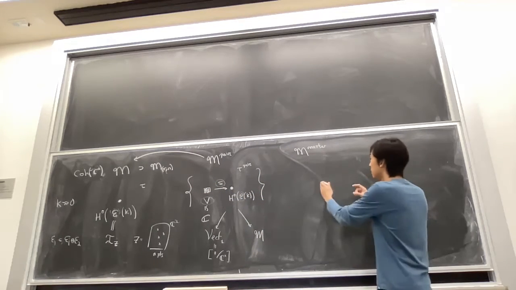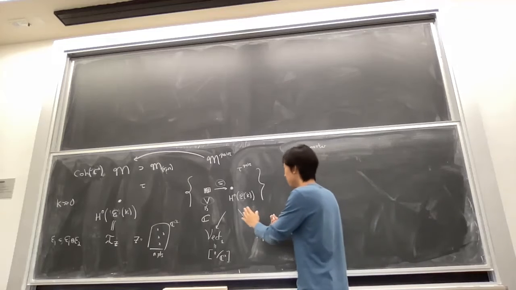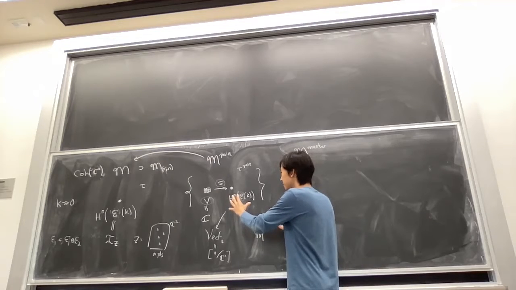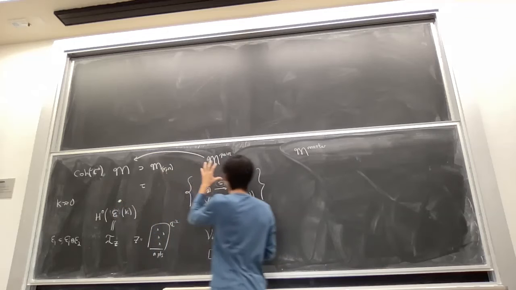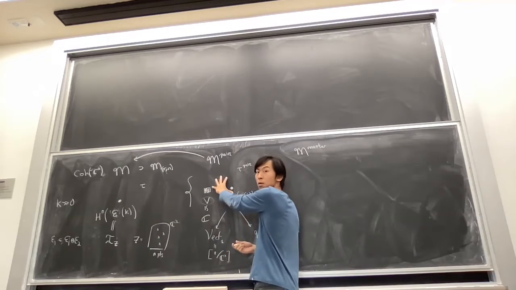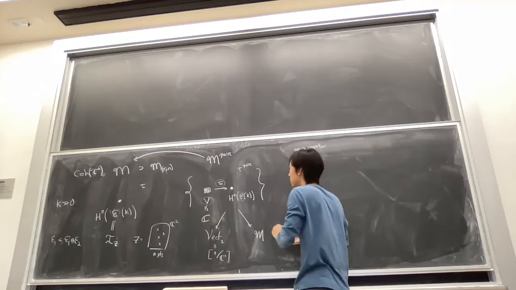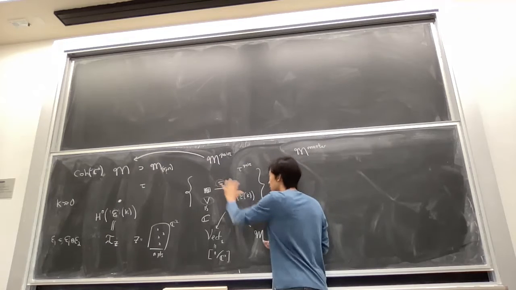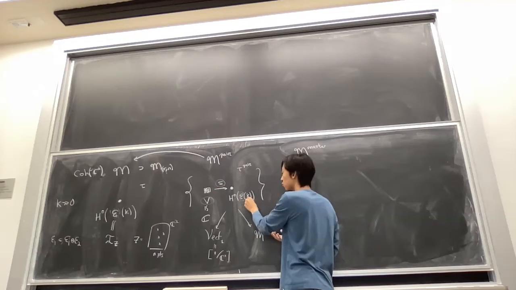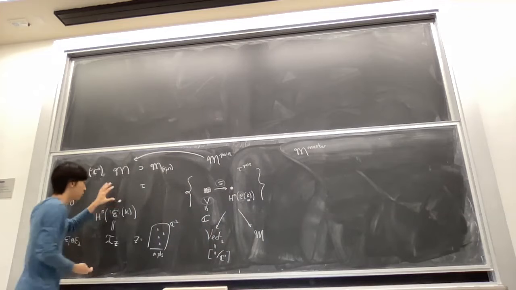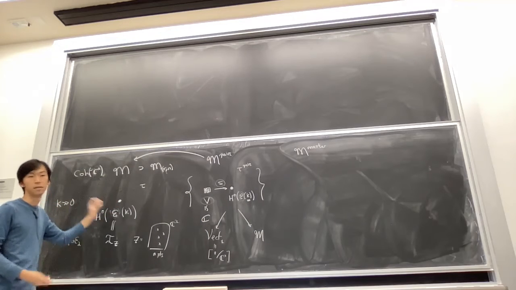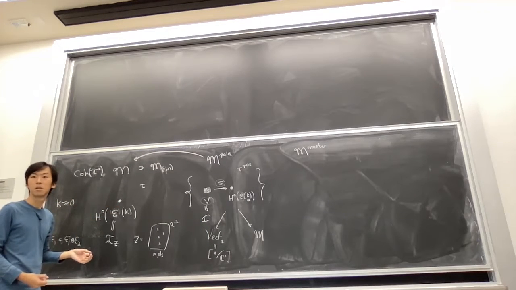So when you try to write down invariants here using the invariants down there, which we know, at some point you'll face the problem that invariants here will have some non-trivial dependence on this choice of K. But it turns out that the invariants we're going to want to write down here are going to be independent of K, and that's a very strong statement.